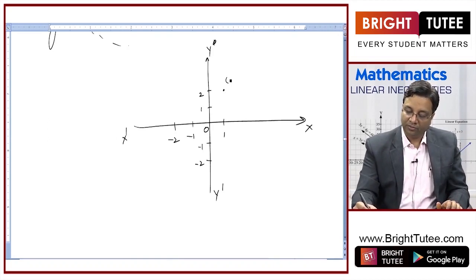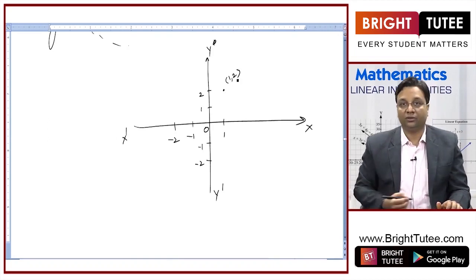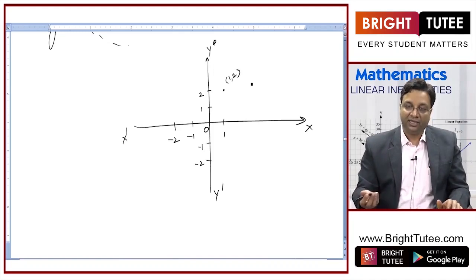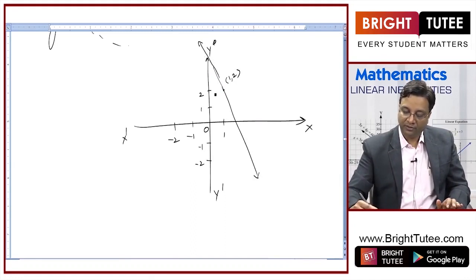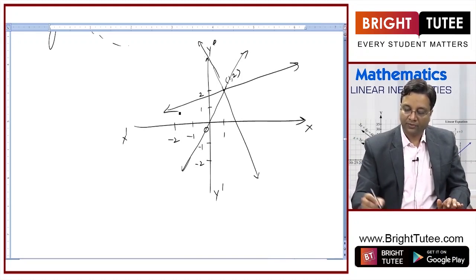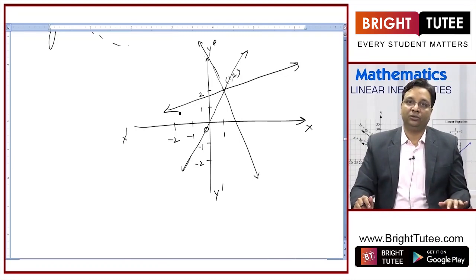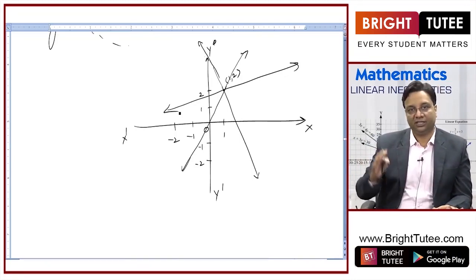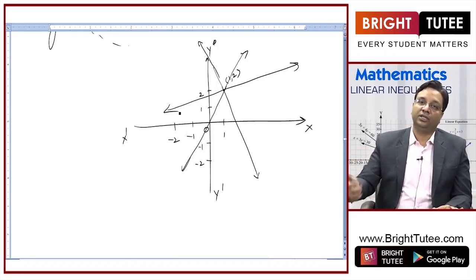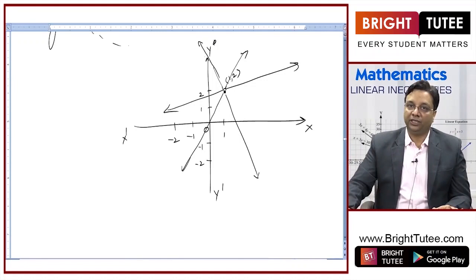You can also plot this point on this Cartesian plane, and now you can see that an infinite number of lines will pass through this point. And you can still find those infinite equations. You can try to find some of the equations, and show that we can keep on finding these equations because there are infinite lines passing through this point.